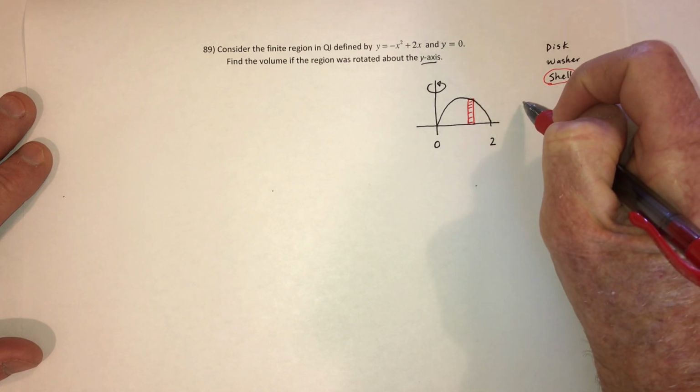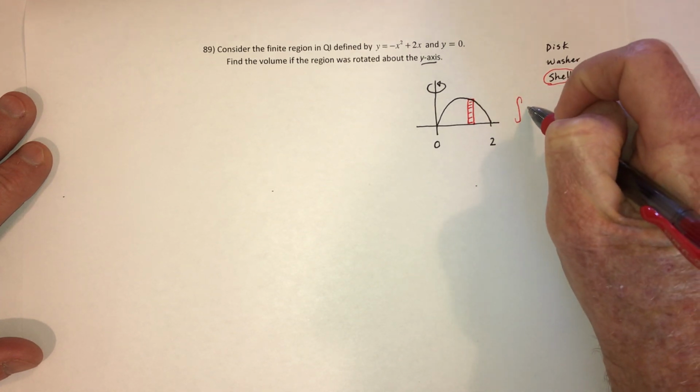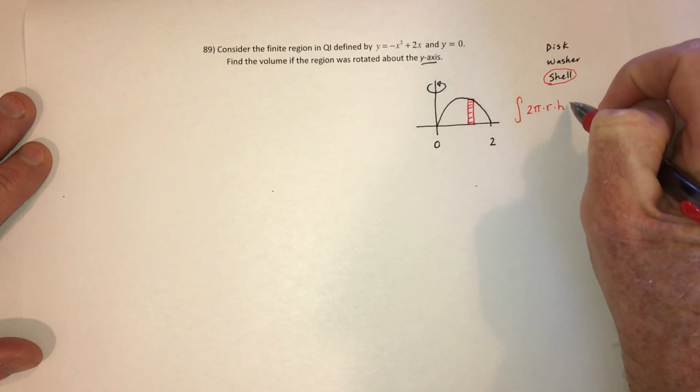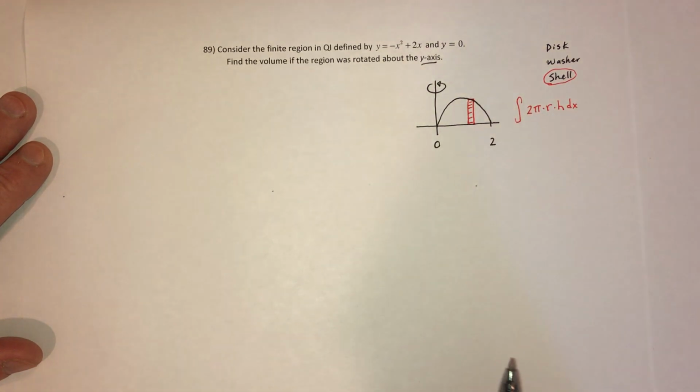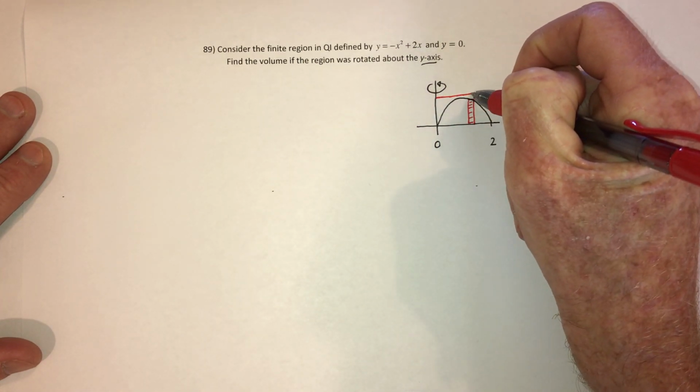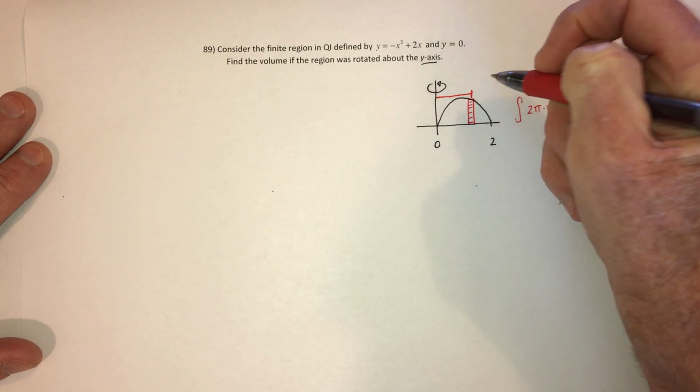And the general formula for the shell method is you integrate 2 pi times the radius times the height. Now, the radius. So for the radius, you have to measure from the axis of rotation. So you need to measure from here out to where the rectangle is.